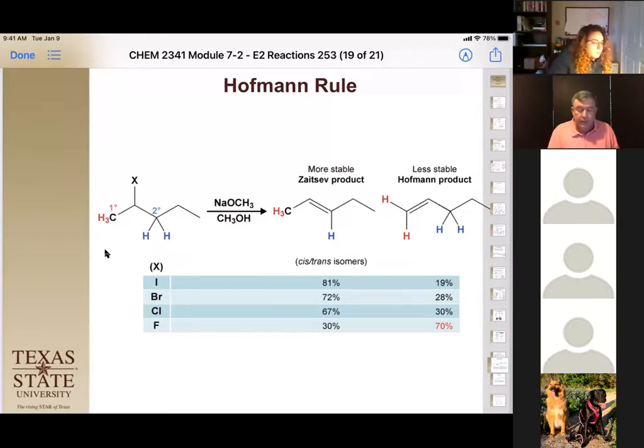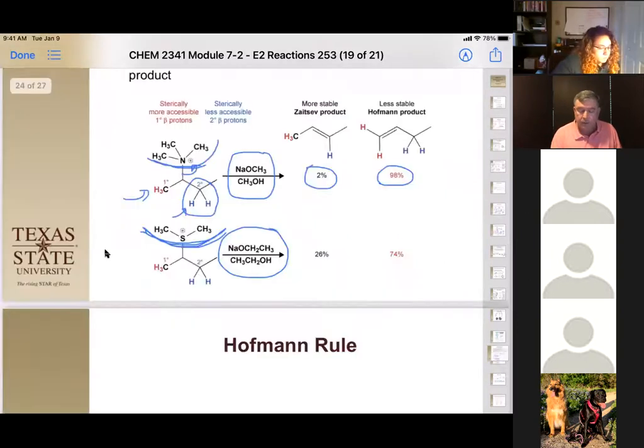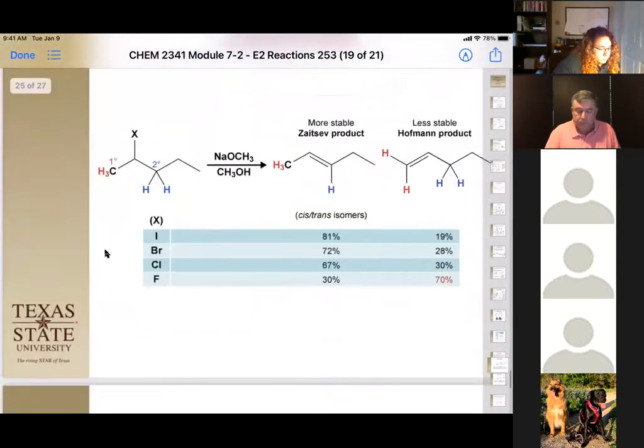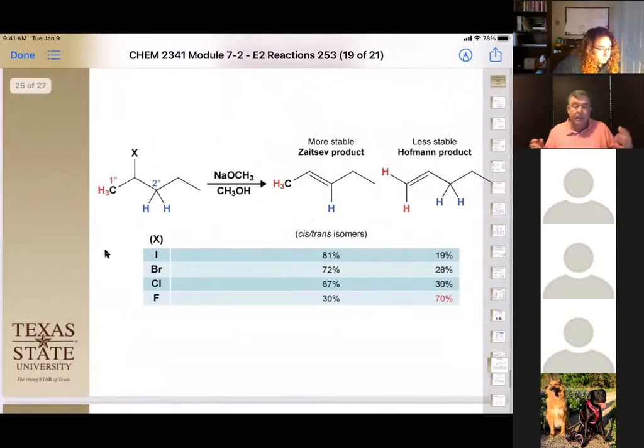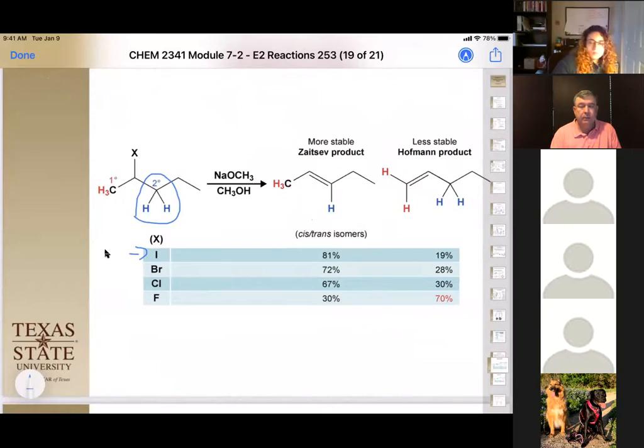In the case of iodine, iodine is a big, polarizable, easy leaving group here. And so if we have iodine on our system, it's going to preferentially remove a secondary hydrogen right here, giving us the more substituted product. Bromine and chlorine, they all do this. They all give the more substituted product.